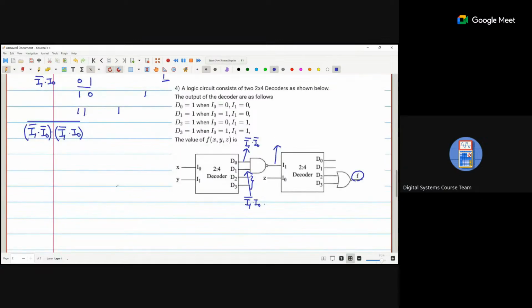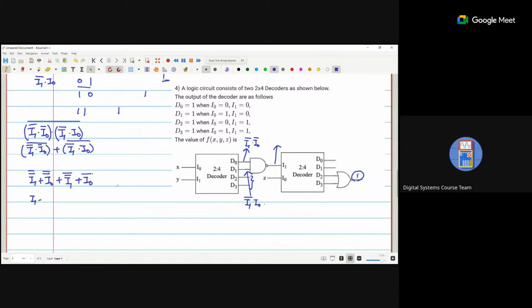I just solve it through De Morgan's theorem. So it becomes I1 bar, I naught bar, whole bar plus I1 bar, I naught, whole bar. And if I break it again, it is I1 double bar plus I naught double bar plus I1 double bar plus I naught bar.